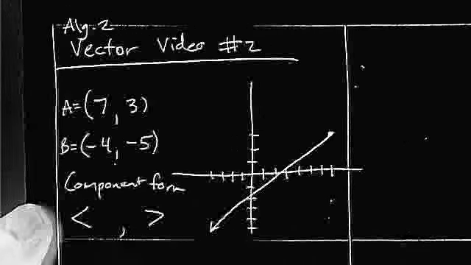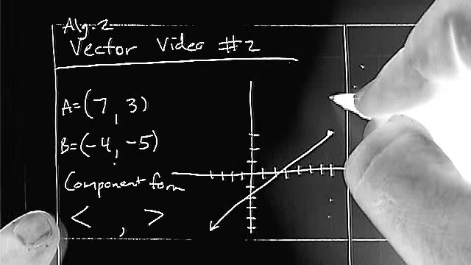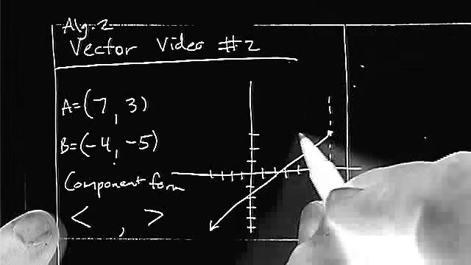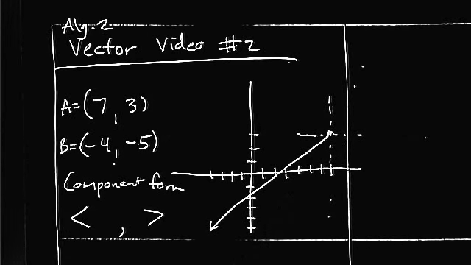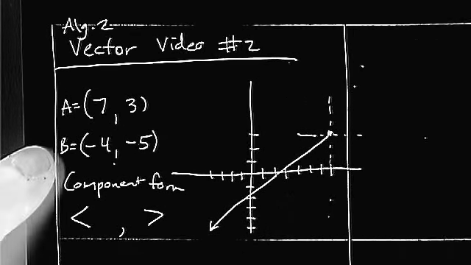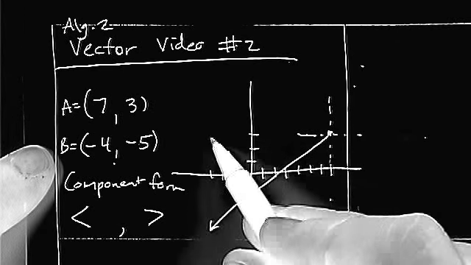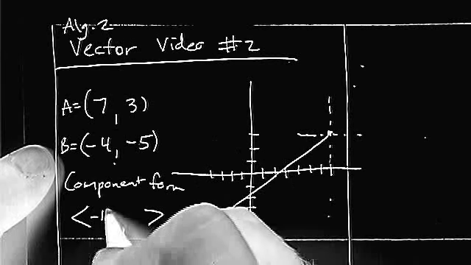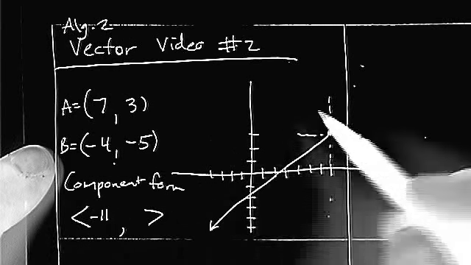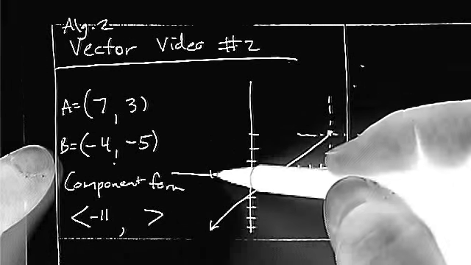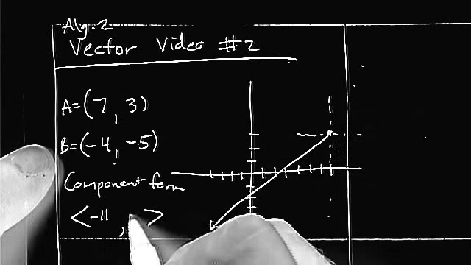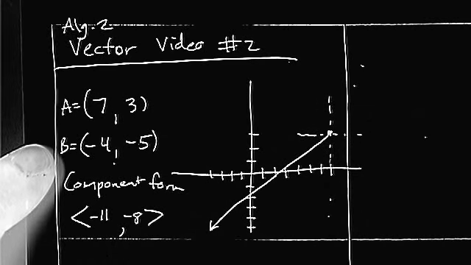Now remember, one way I said we could do it visually is to imagine that this becomes the new origin. And then we could think in terms of, okay, you're going left 7 and then 4 more, so that's left 11. And you're going down 3 and then down 5 more, down 8. So there's the component form for that particular vector.